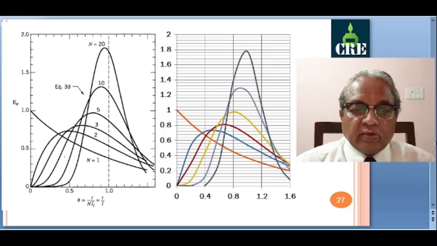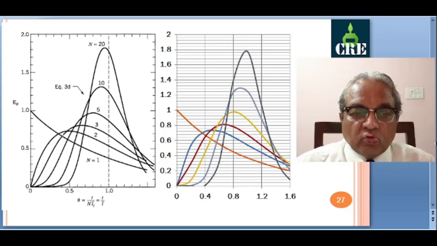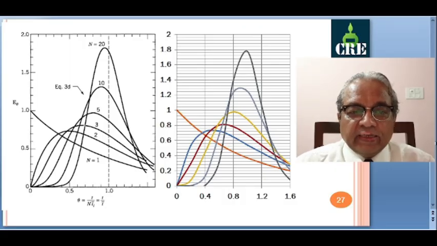So you can see here for n is equal to 1, it is almost spread. n is equal to 2, there is a spread. n is equal to 3, this is being narrowed down. n is equal to 5, the spread is still less. n is equal to 10, the spread is still less. And n is equal to 20, you can see it is narrowing down, the spread is still less.